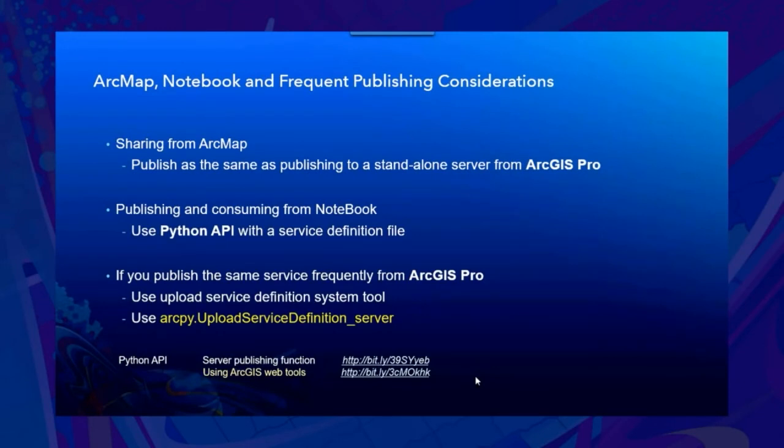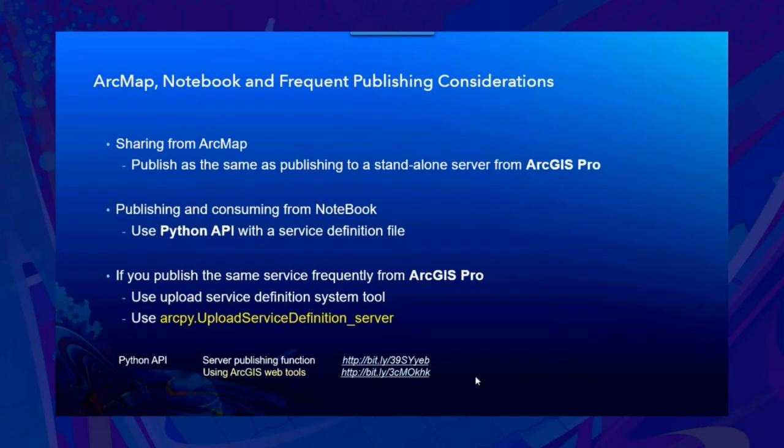So up to now, all we covered is sharing from the ArcGIS Pro environment. You might want to ask, what if I want to publish from ArcMap or Notebook? Well, ArcMap is actually phasing out. For Pro 3.0, it will be totally deprecated.